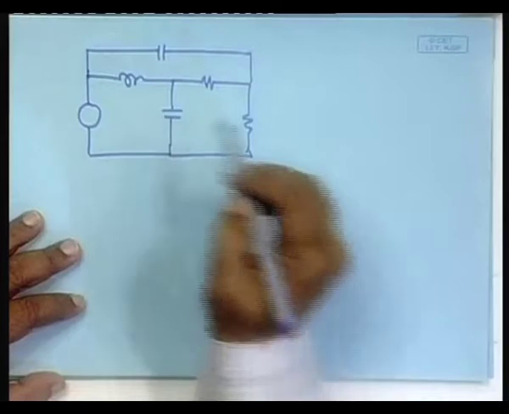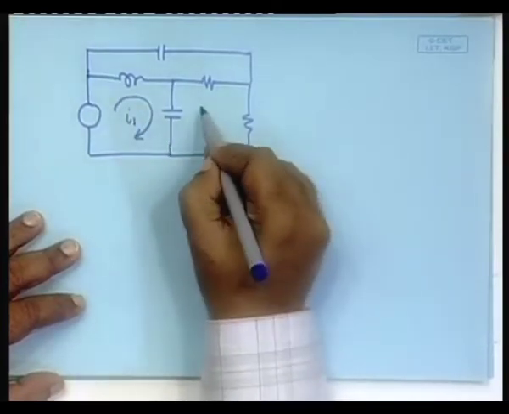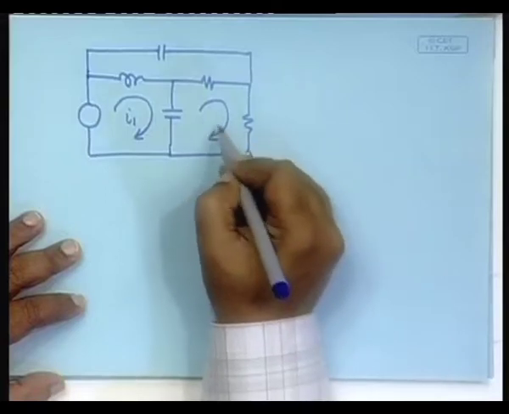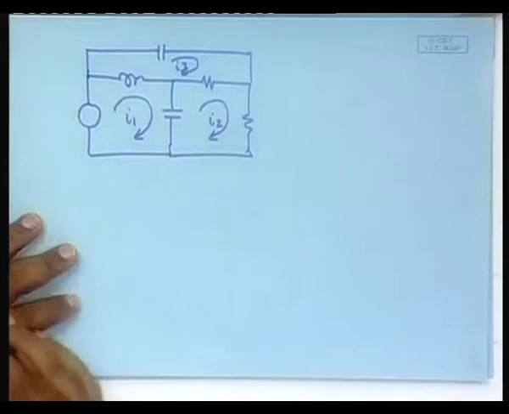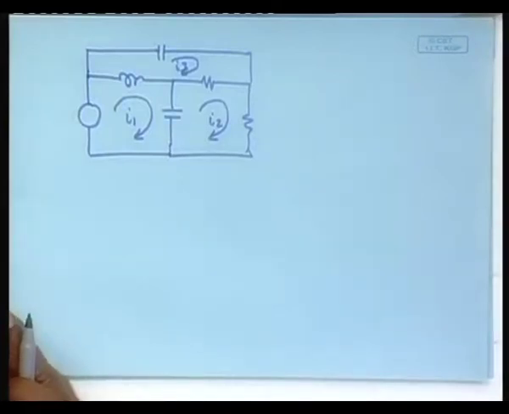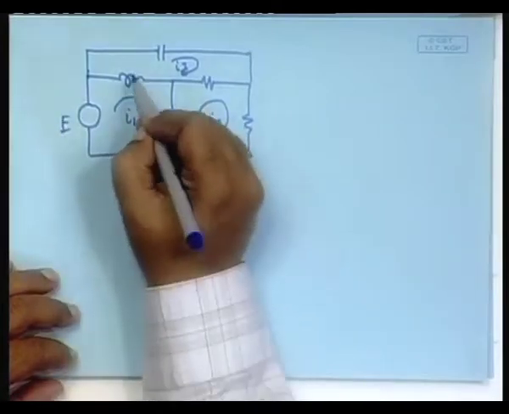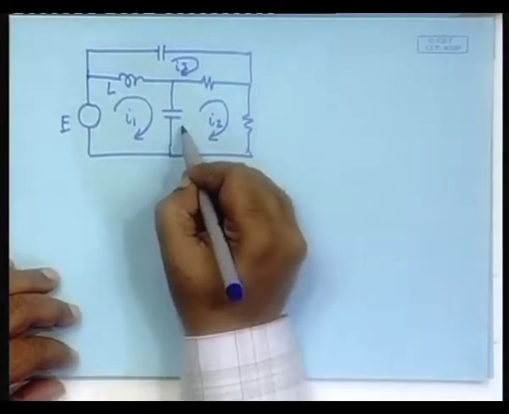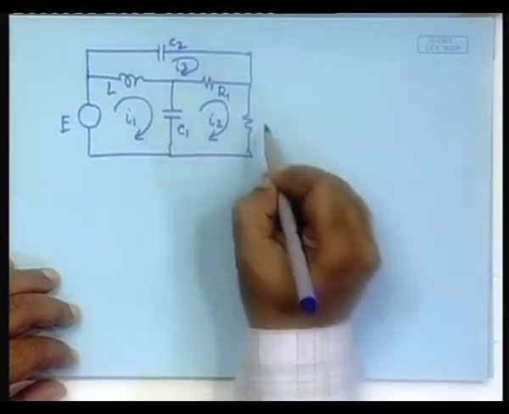In this case, here is my loop I1, here is my loop I2, and here is my loop I3. So, my elements are E, L, C1, C2, R1, R2.